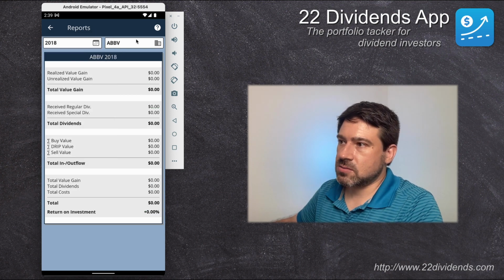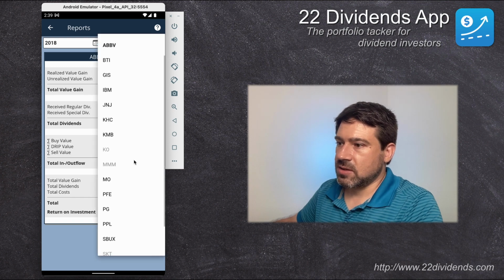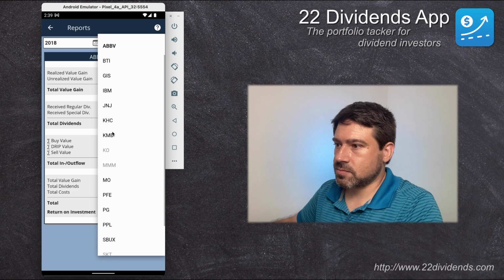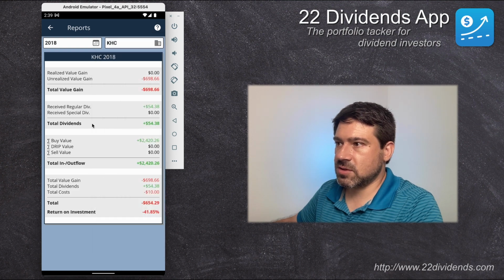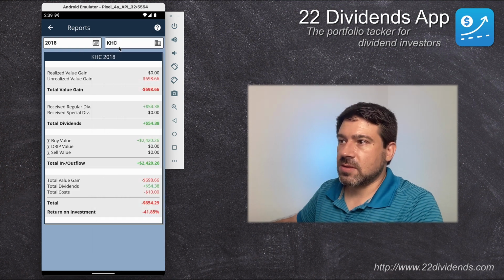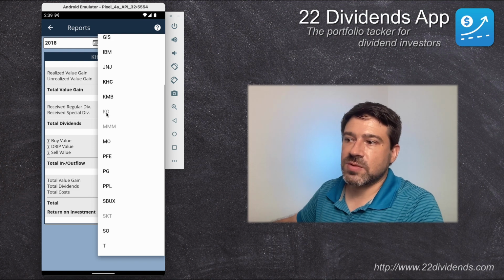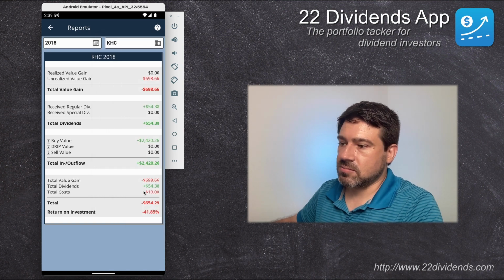And this is also true, for example, if we select a different share, for example, Kraft Heinz. In 2018, we see the years that have shares. And here we have a loss of 31%.